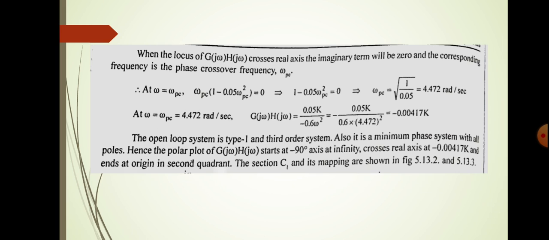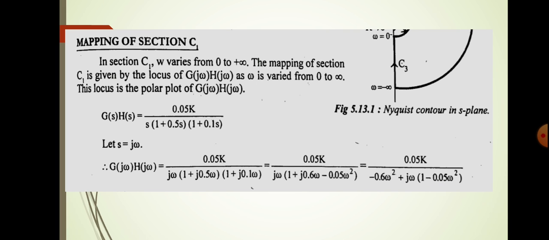So we have the equation for G of j omega into H of j omega. See, this is the equation, and omega varies from 0 to plus infinity. We can substitute different values of omega in this equation and we will get the corresponding values of G of j omega and H of j omega.